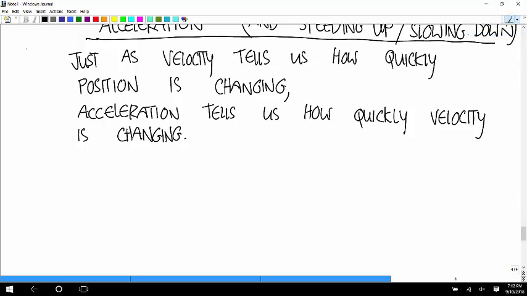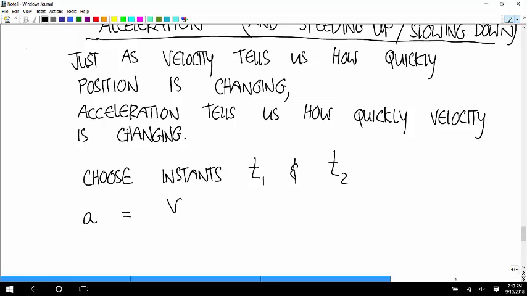So choose two instants, T1 and T2. Then the acceleration is equal to the velocity at the later instant minus the velocity at the earlier instant divided by T2 minus T1.